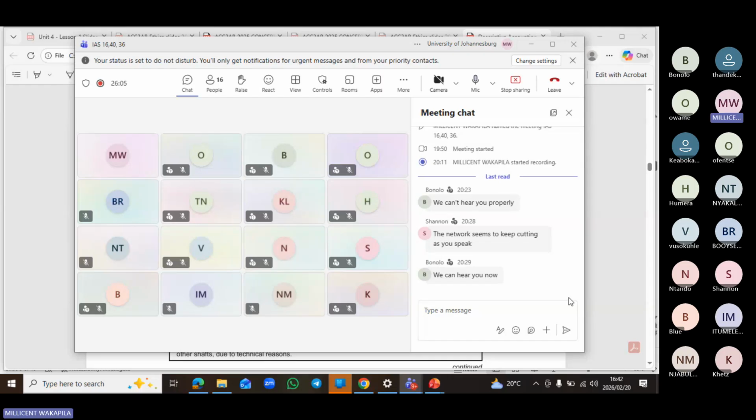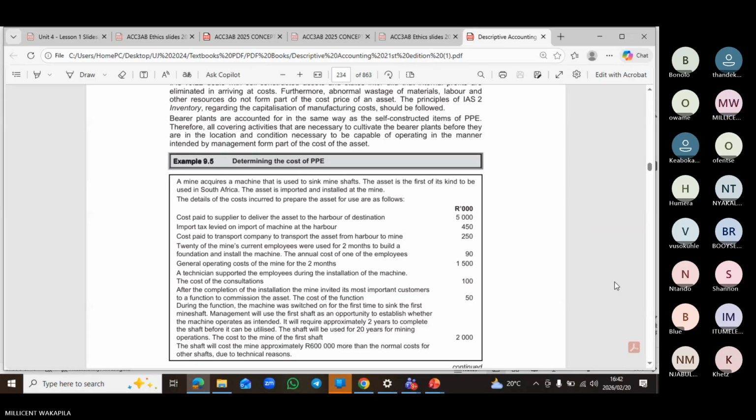Okay, so let me just repeat what I was saying. When you are using a truck, let's say that you are in the construction of a factory, and then you use a truck. The truck that you are using, you use it in the normal operations.